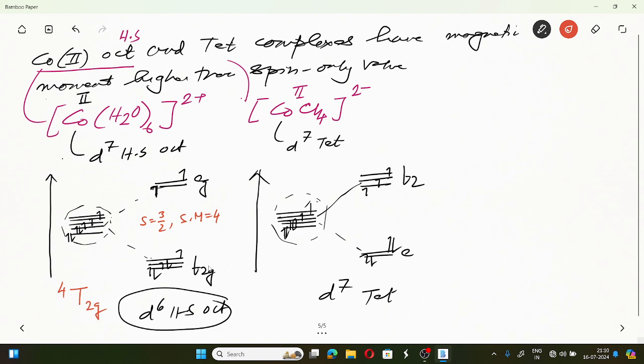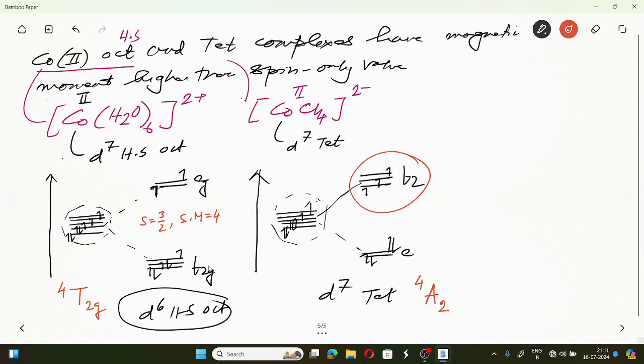Now for D7 tetrahedron, see in this case the situation is like this, so it should have a non-degenerate ground state, so the ground state term should be capital A, spin multiplicity will be 4, and this will be 2, isn't it? So this is the situation.